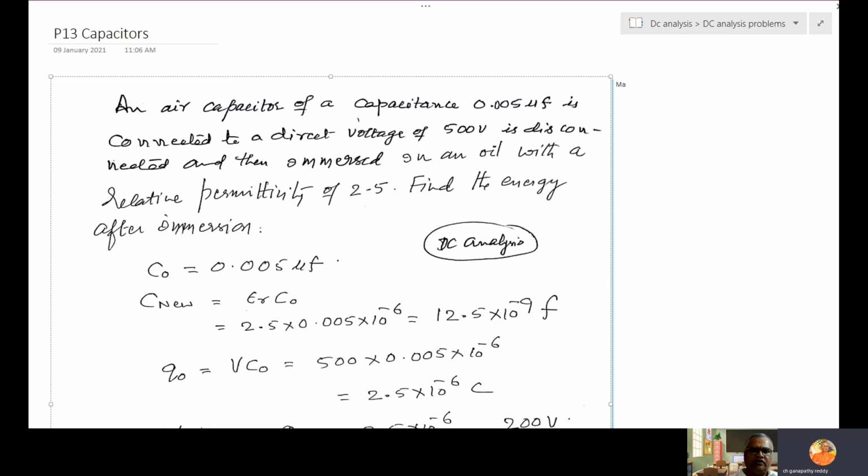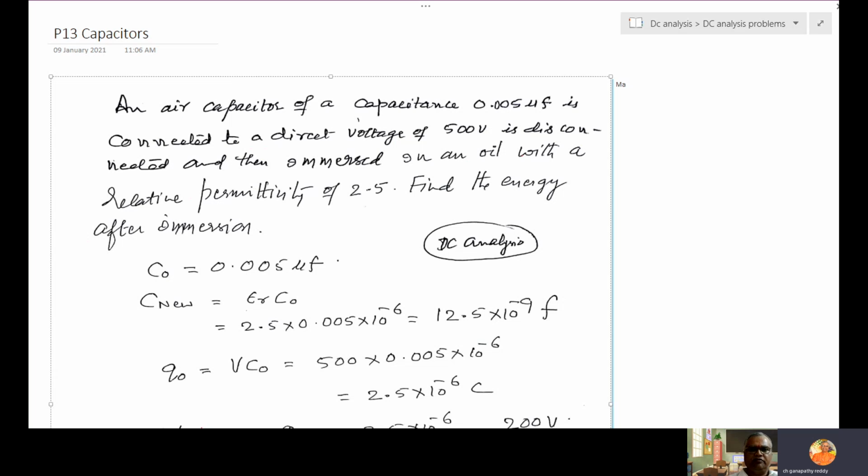Find the energy after immersion. First, the air capacitor: C naught equals 0.005 microfarads, connected to a direct voltage of 500 volts. So it is charged to 500 volts.